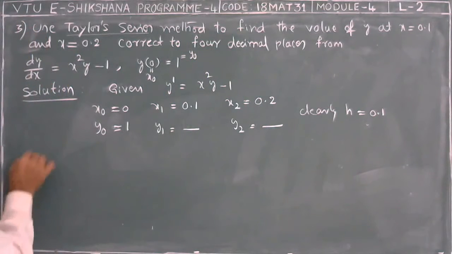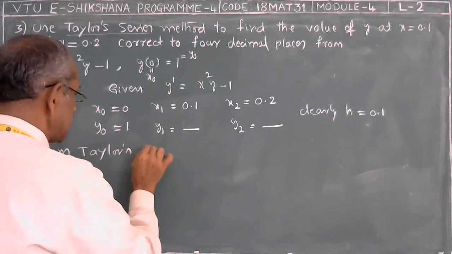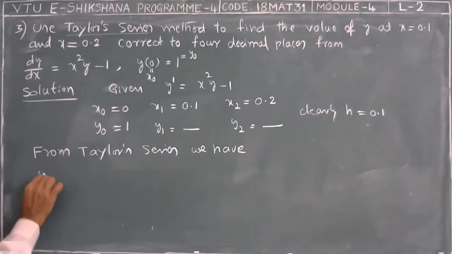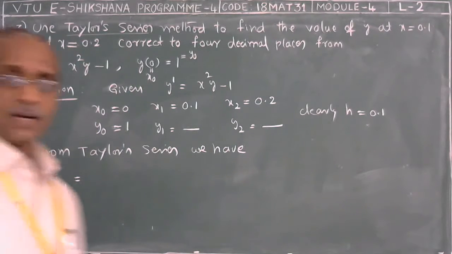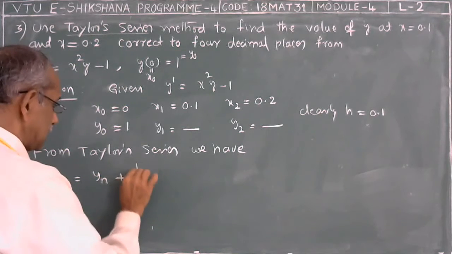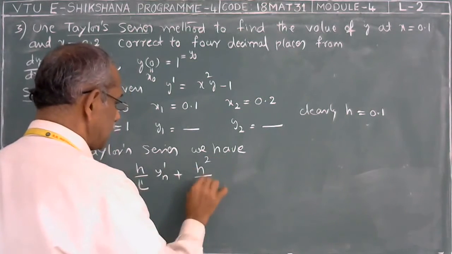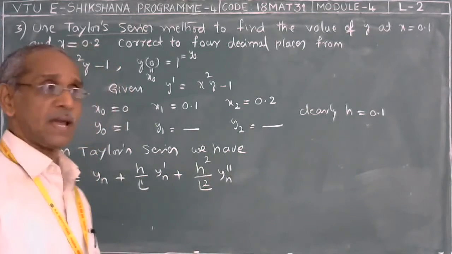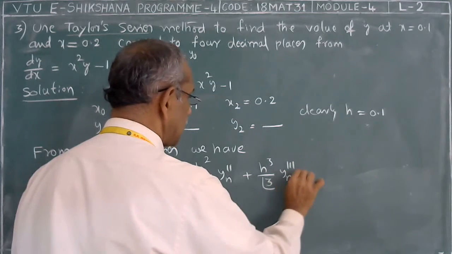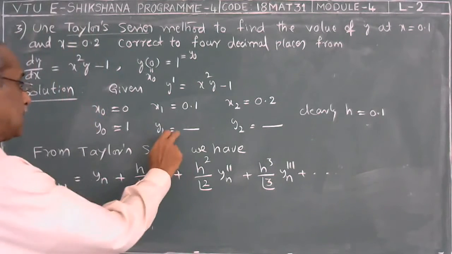From Taylor series we have yn plus 1, that is the value of y at x is equal to xn plus 1, is yn plus h divided by factorial 1 into yn dash plus h square divided by factorial 2 into yn double dash plus h cube divided by factorial 3 into yn triple dash and so on, for n is equal to 0, 1, 2, 3, etc. So I need to calculate y1 first.